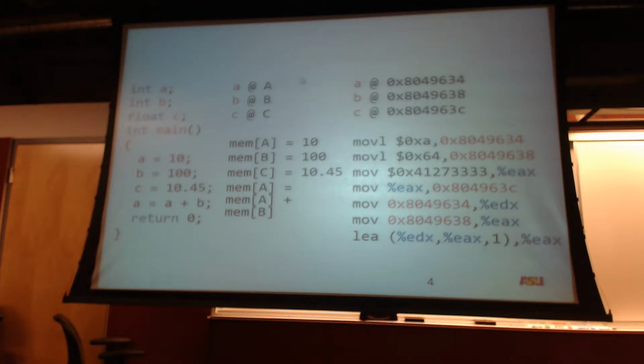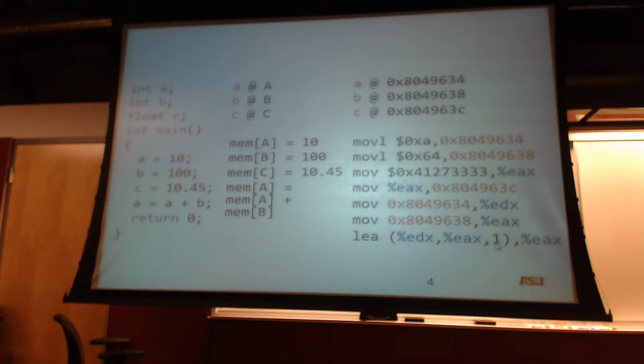So first you move the value of A. No, the value of B. Where did we start? Oh, here. Okay, so this is 3 steps. We first move the value of A into EDX, then the value of B into EAX, then do this LEA with EDX, EAX, 1, and store it into the EAX register.